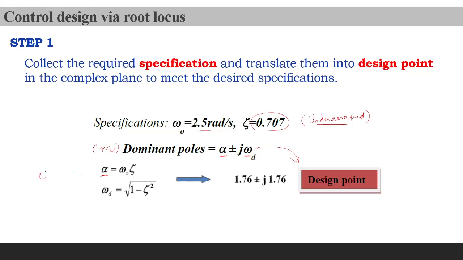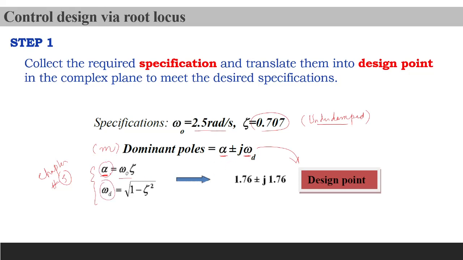So we can find out by using the derivations. If you revisit chapter number 3, we have already derived this expression. You can always check it from there. This was equals to omega naught zeta, and this was equals to omega naught times the square root of 1 minus zeta square. So you can substitute these values of omega naught and zeta here, and you can find the values of sigma and omega d here.